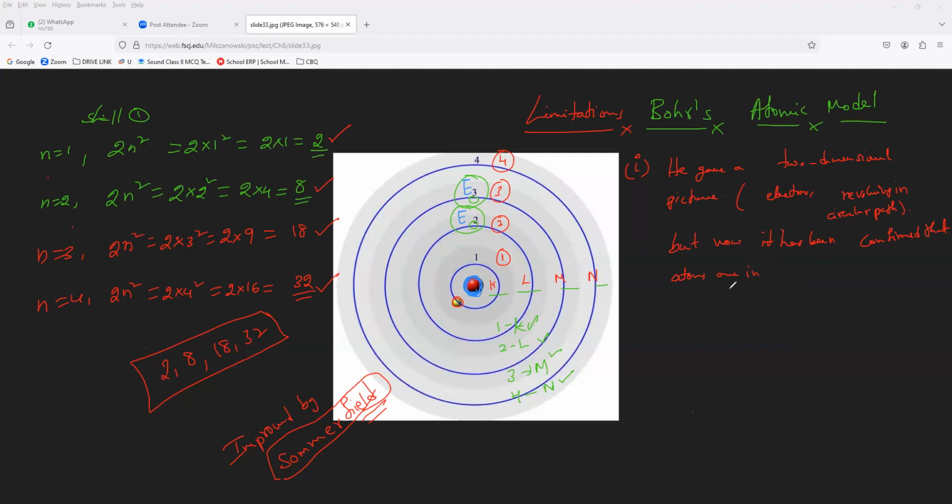Three-dimensional. So three-dimensional means what we used to call mathematical three-dimensional object, they are spherical in shape. That is what you have to remember.